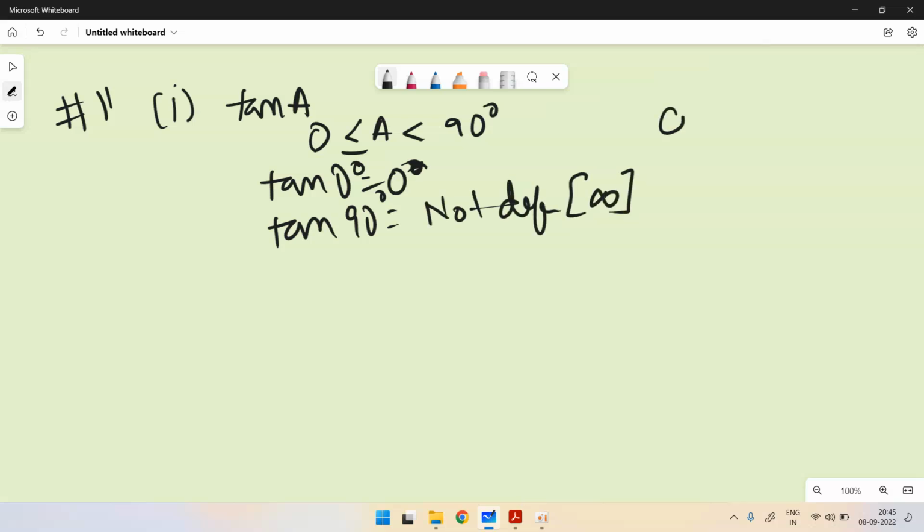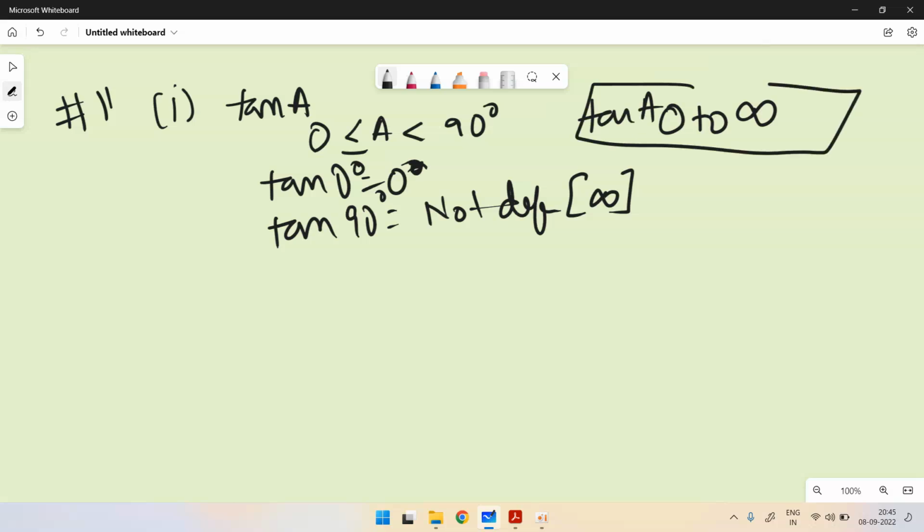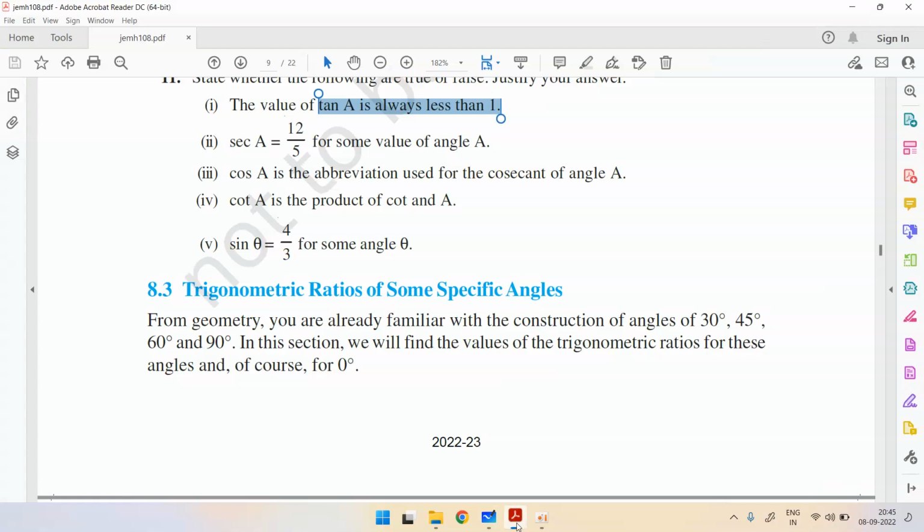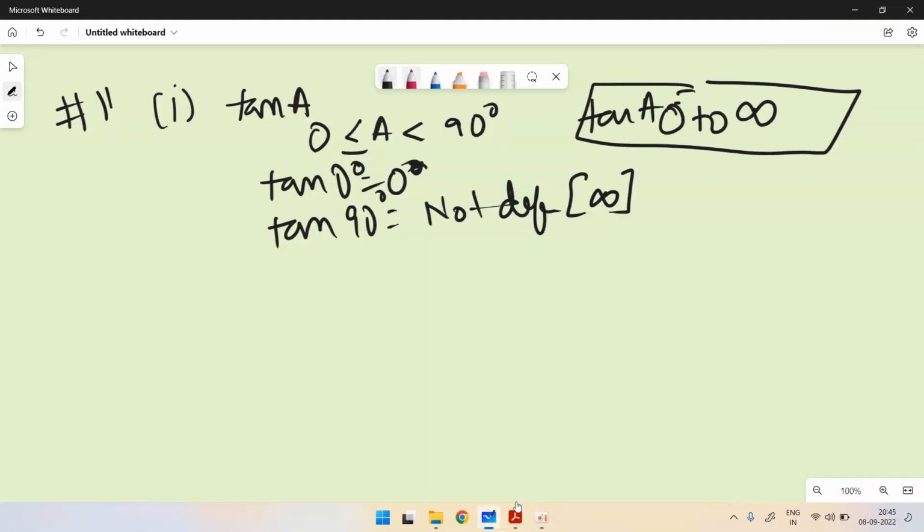So the value of tan A goes from 0 to infinity. Since the statement says this value is always less than 1, this is false. So part 1 is false.